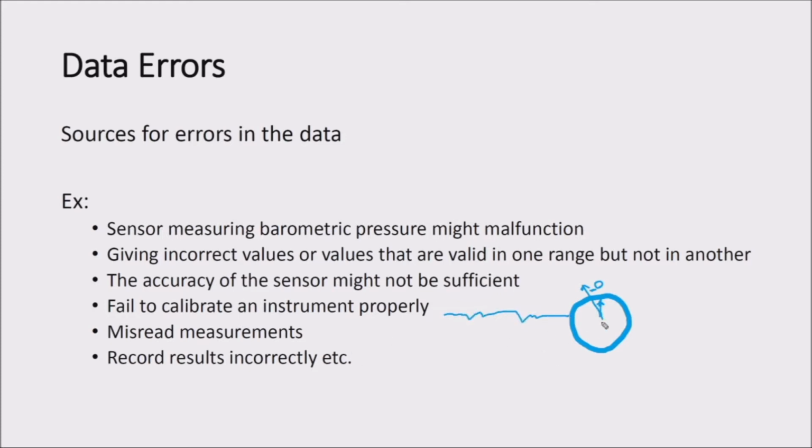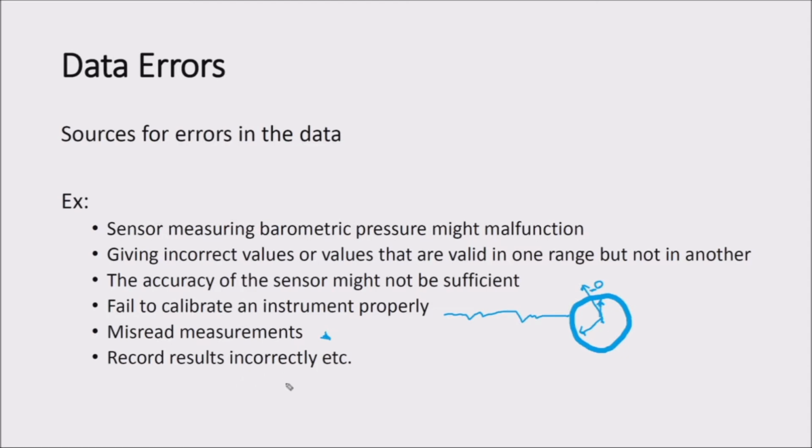Misreading measures means you measure your weight somewhere here, and you don't want it to be that value, so your mind reads it a little bit lower, or you visualize and see something that is not accurate. That can be a human error, the misreading. More than the system, it can be a human error, but systems can also give wrong measurements.